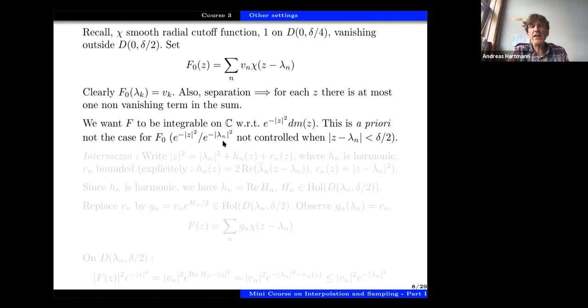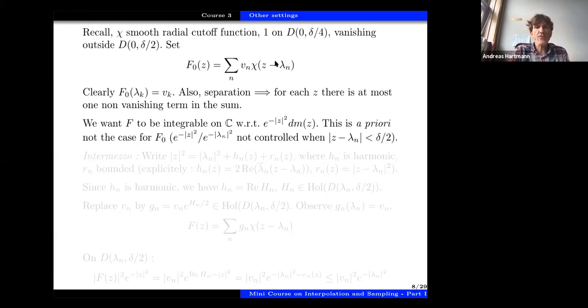It's not exactly that, but I could be in a very specific situation. Vn could be the sequence which is exactly equal to e to the minus lambda n squared and 0 everywhere else. And it has norm 1 in the L2 space. So my interpolating function should have a controlled norm. But now if I integrate against this weight, this term is unfortunately not bounded in this disk.